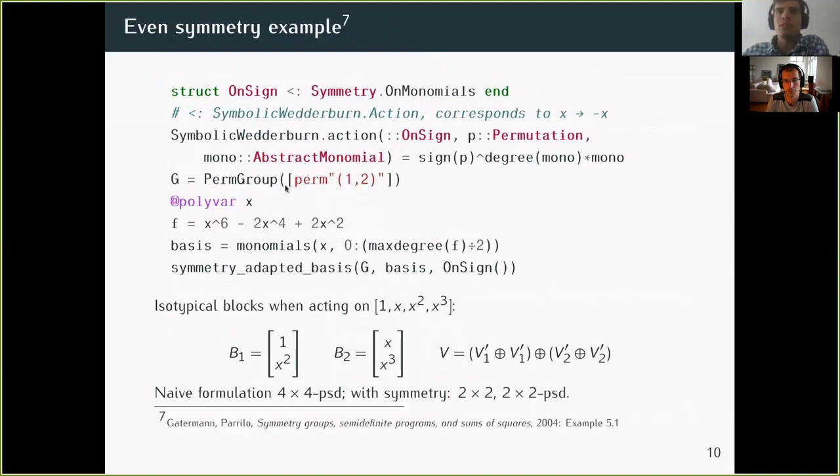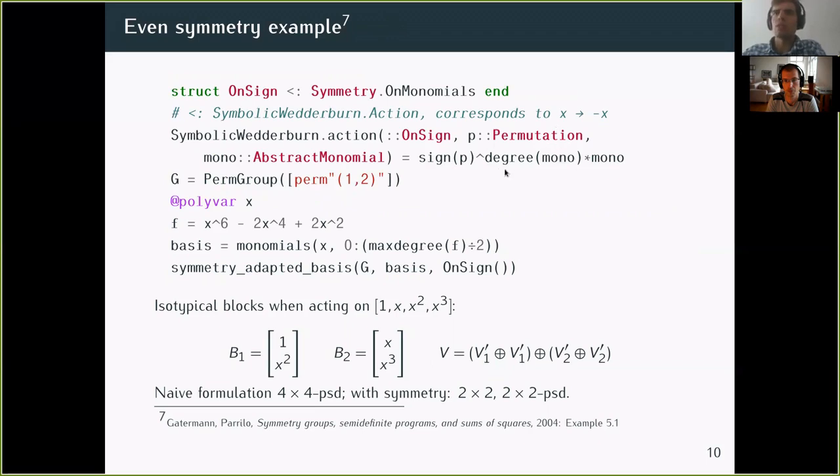Now, a second example, this is kind of the running example of this talk, with this polynomial and the action. So here we use the group generated by this permutation, so with the 2 elements as we saw, and the action on monomials will be the sign of the permutation. So this one will be sign -1, and the trivial one will be sign 1 to the power of the degree of the monomial.